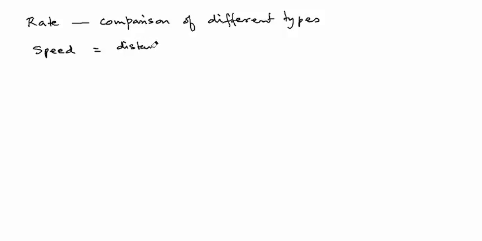So the distance, let's say in kilometers per hour, or over time, let's say in hours. So it's a comparison of the distance traveled to the time taken, two different things.